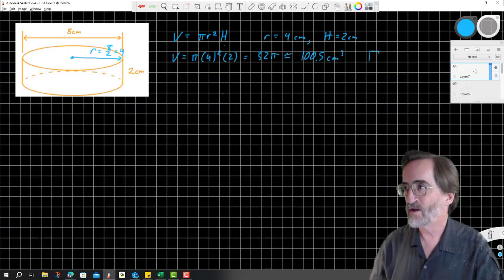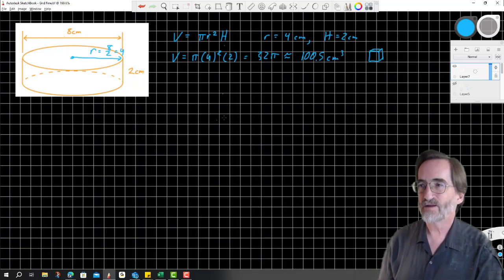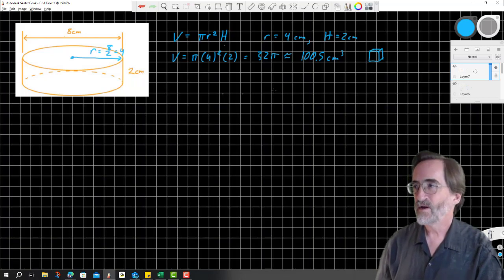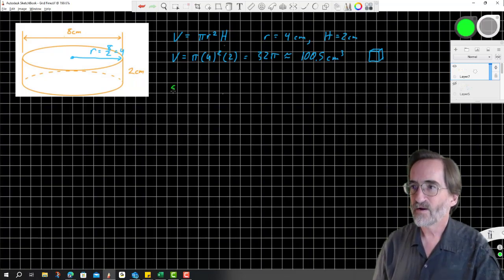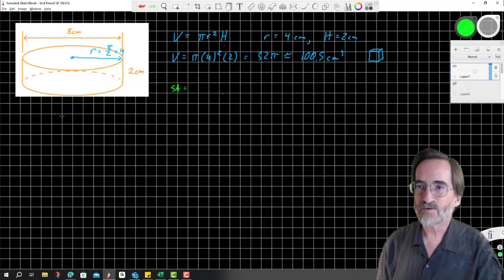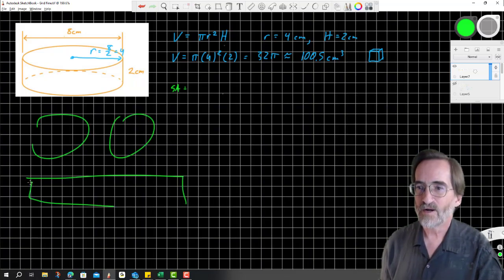We're figuring out how many of these cubes, sugar cubes so to speak, fit inside, including partial ones. So that's volume. And then surface area, we have 2 circles and a rectangle, right?